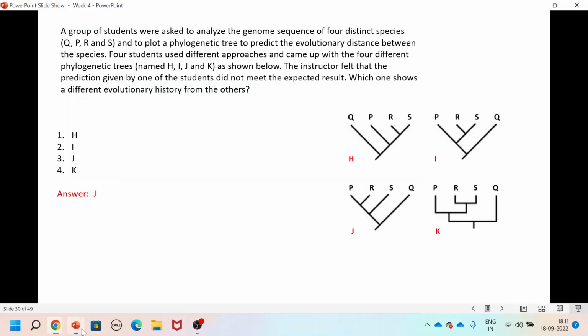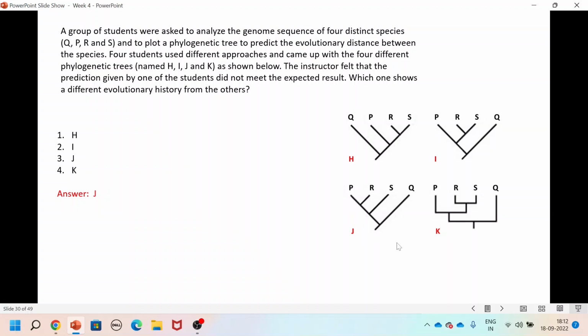In all the three, H, I, and K, we can see that the list of clades is identical. For example, in H, it is QPRS, it is PRS, and it is R and S. Similarly, in I, it is QPRS, which have one common ancestor. Then the second is PRS, which have another common ancestor, and then RS and R and S, which have a different common ancestor.